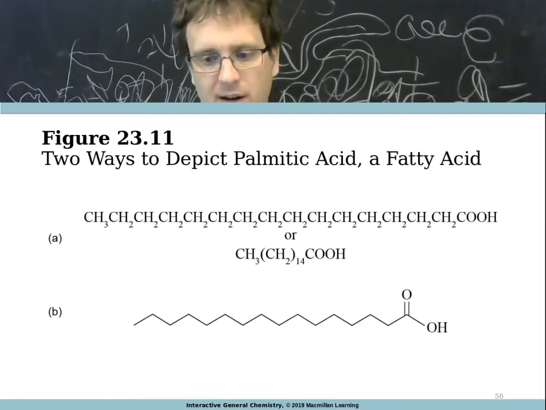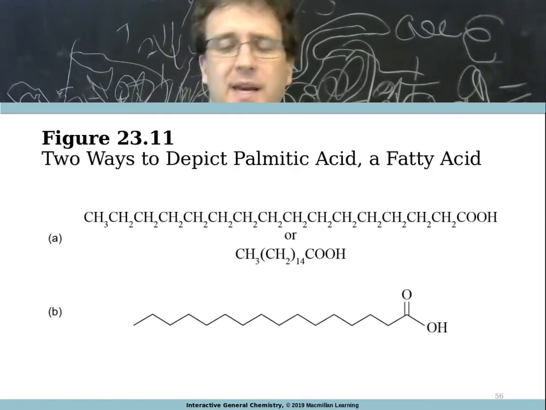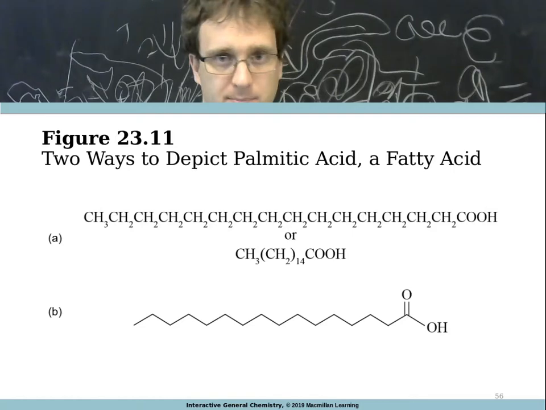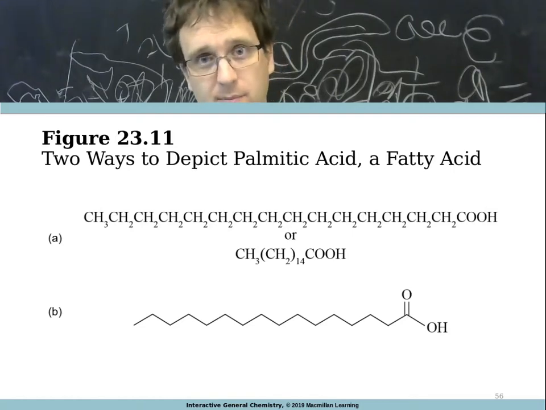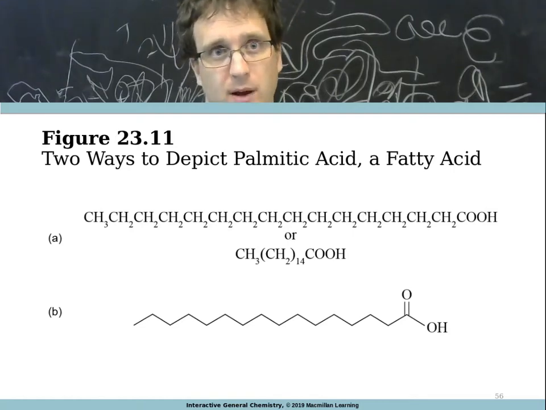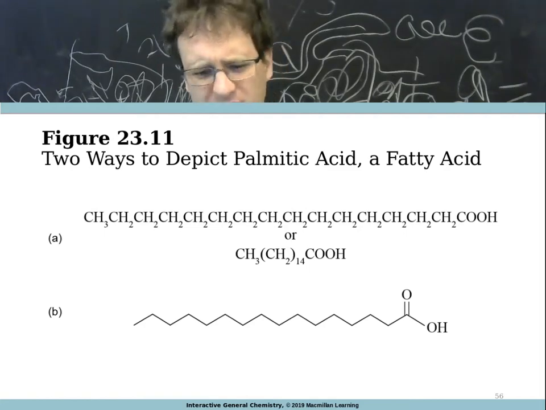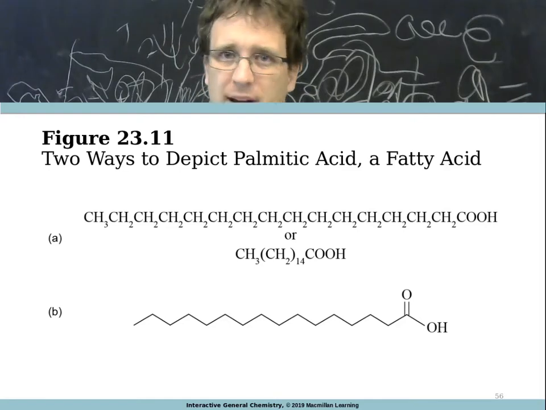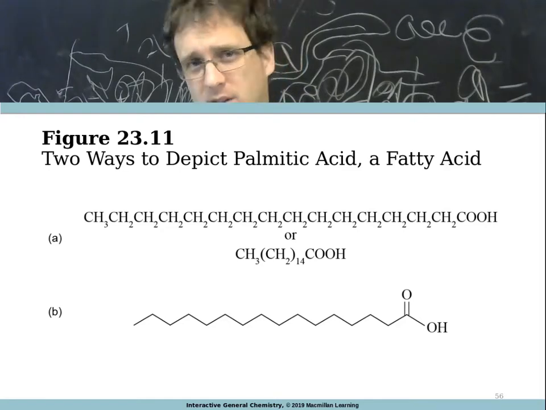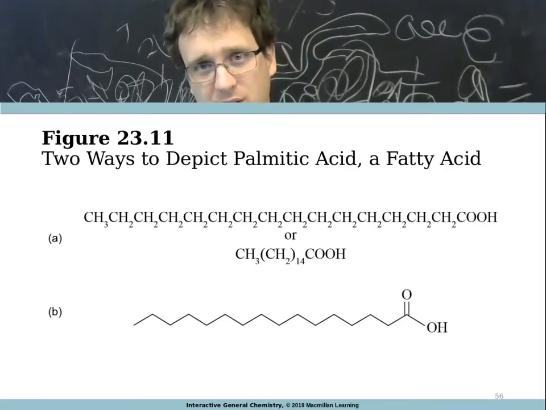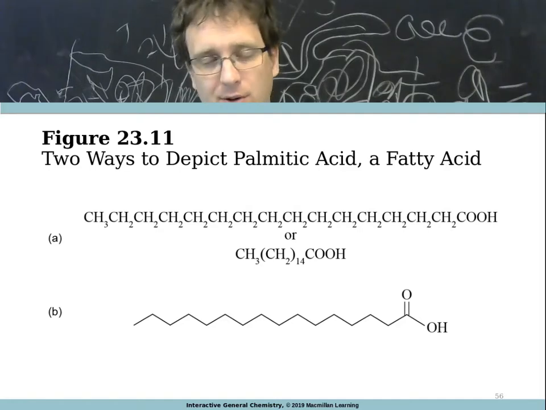So let's look at a fatty acid. This is palmitic acid, which I believe is named because it's isolated from palm trees and oils that come from palm trees. And there's 3 different ways to write this, and honestly, most textbooks would have introduced this last method to you a little bit earlier, but that's fine.